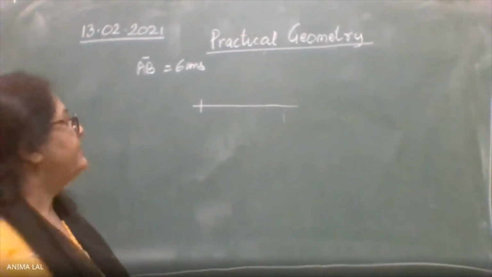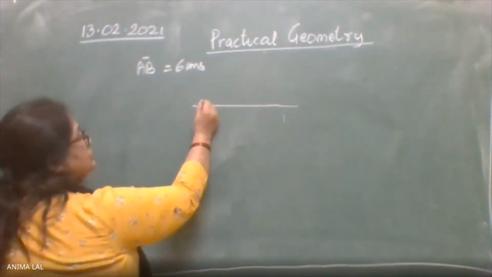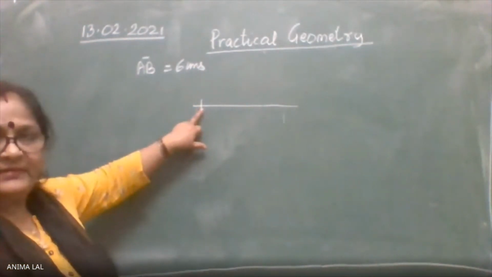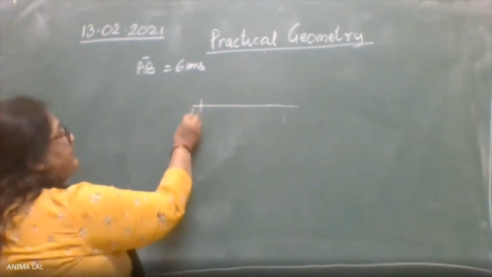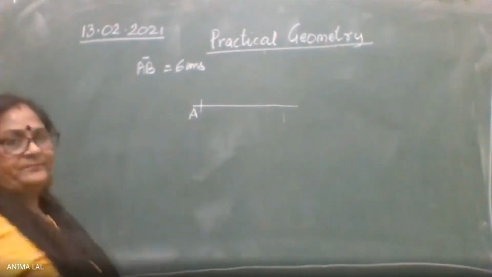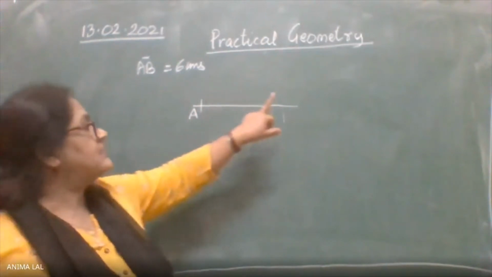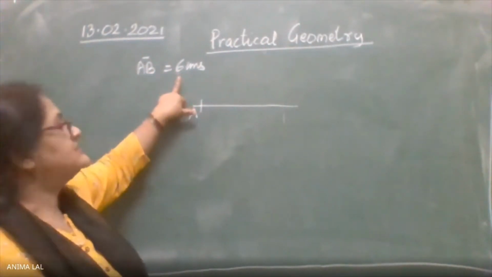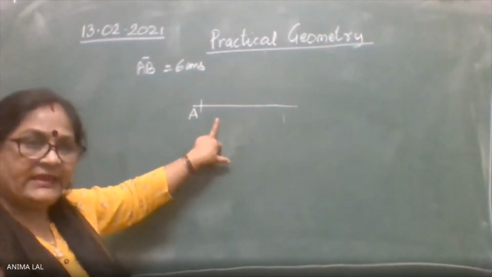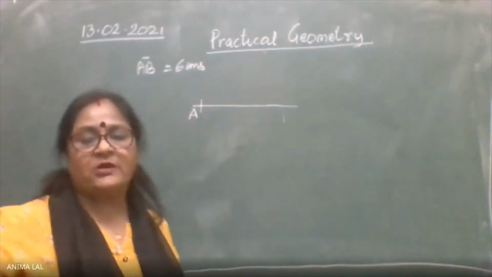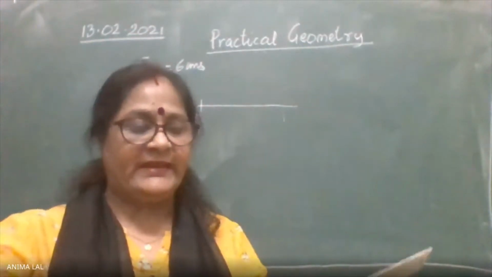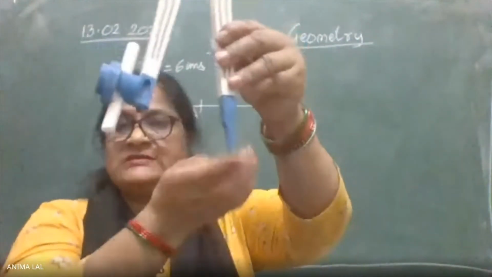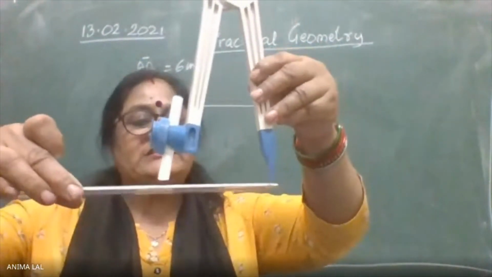Where the two lines meet, this is the point. The name of this point is A. Now we need another point B, which is 6 centimeters away from A. You will take your ruler and put the point of the compass at 0.